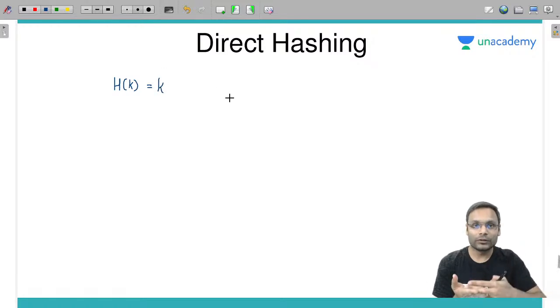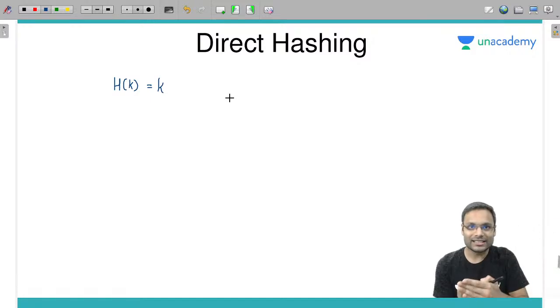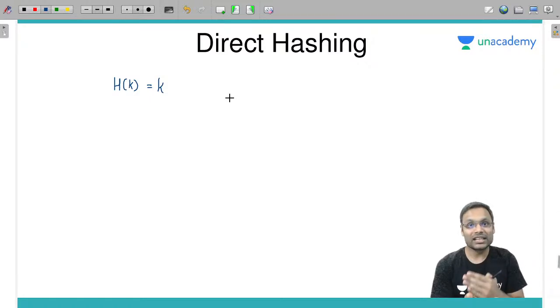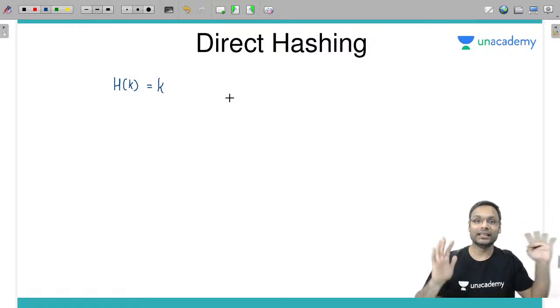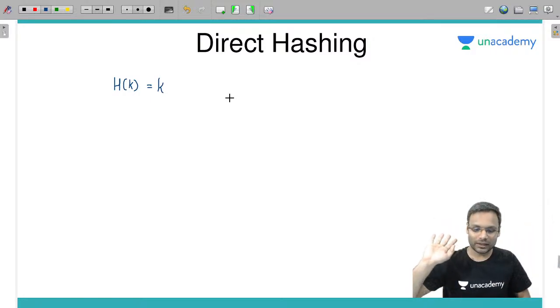Means if the key is 3, I'm going to keep that key at location 3. If the key is 16, I'm going to keep it at 16. If the key is 18, I'm going to keep that key at 18. Simple. In direct hashing, the key is the location.